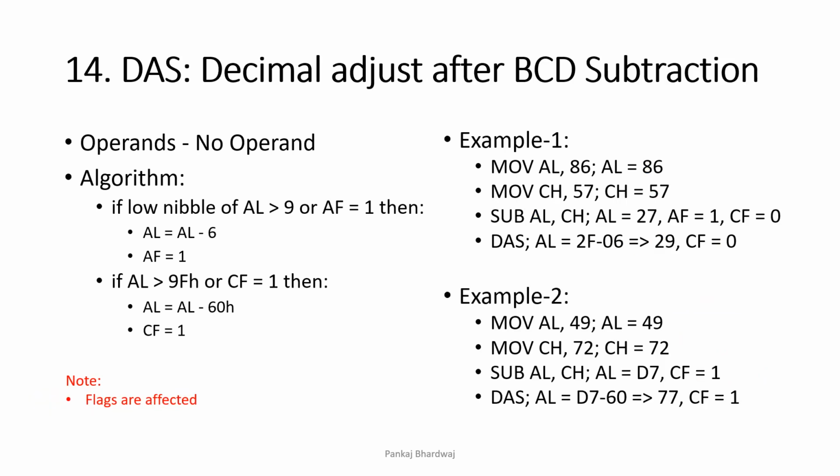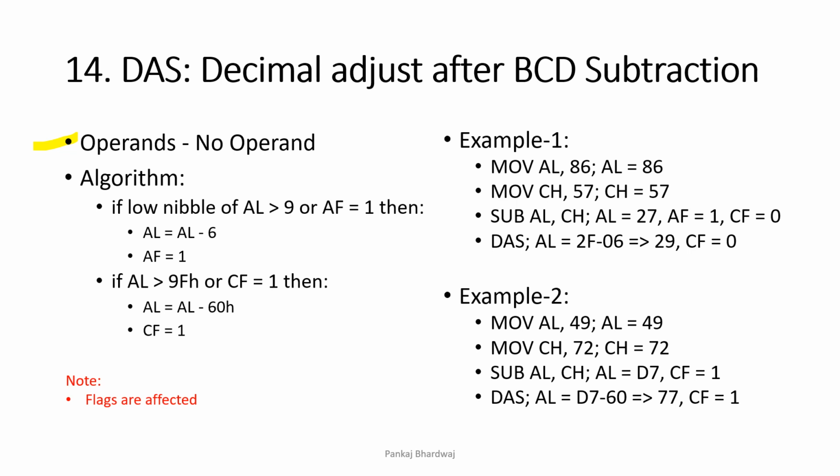Next is decimal adjust after BCD subtraction. Now 8085 does not have any such command. We need to write a program if we want to calculate the decimal subtraction, but in 8086 we have this particular instruction. So there is no operand.